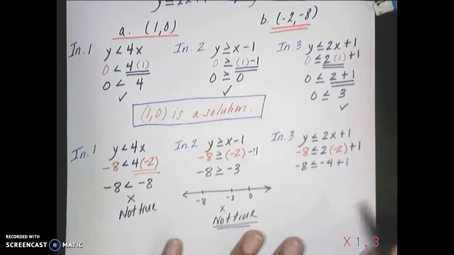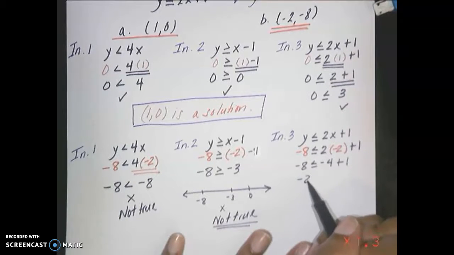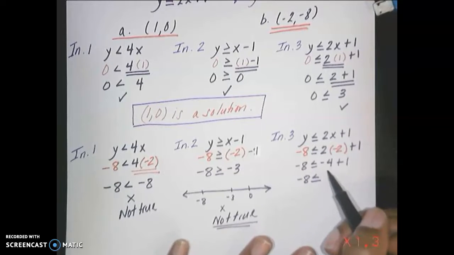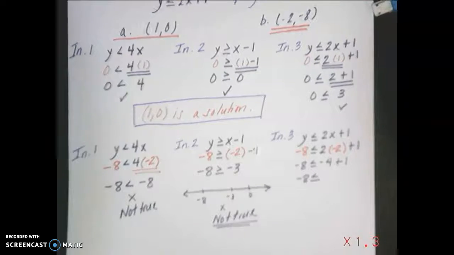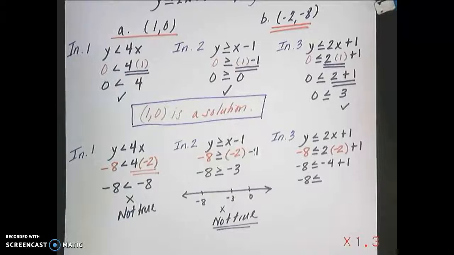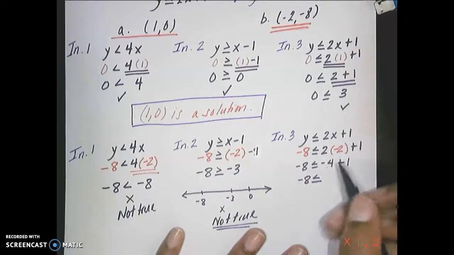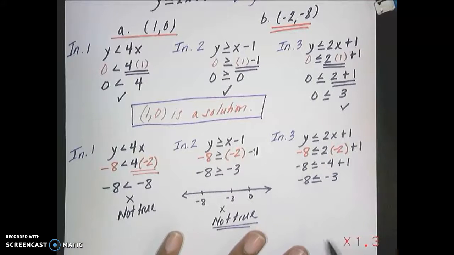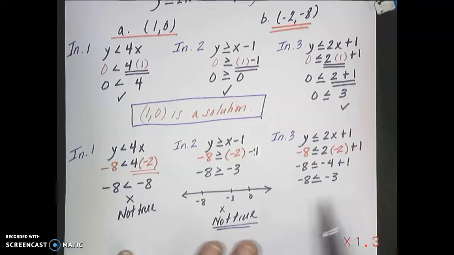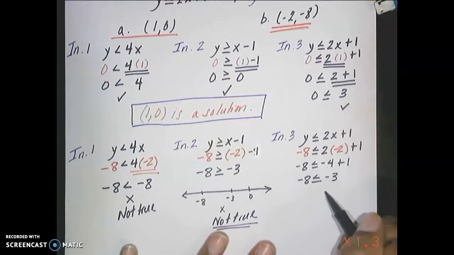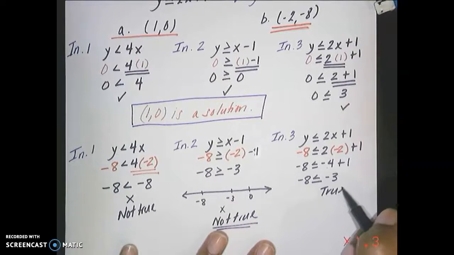So here we'll have negative 8 is less than or equal to negative 4 plus 1. That's like me borrowing $4, but I only paid you 1 back. So it's still a negative 3. Now, this right here, we have negative 8 is less than or equal to negative 3. This one is true. But I'm going to tell you something.